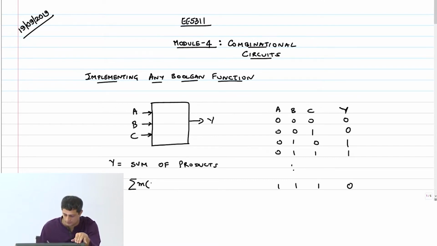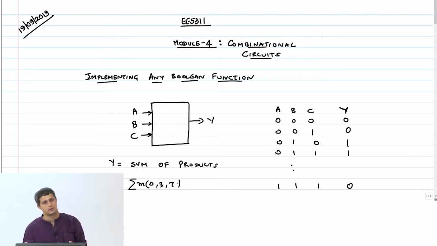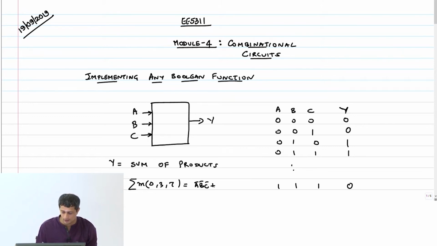Summation of min terms of, let's say, 0, 3, 7, for example, right? So what does this mean? 0 is A bar, B bar, C bar. 3 is A bar, B, C. And 7 is A, B, C.